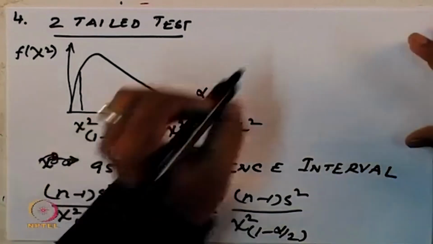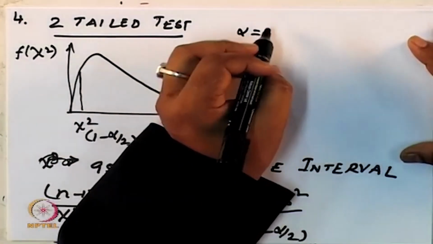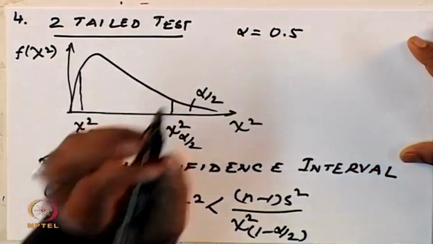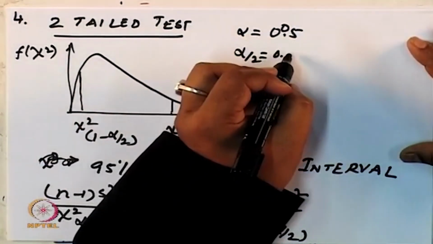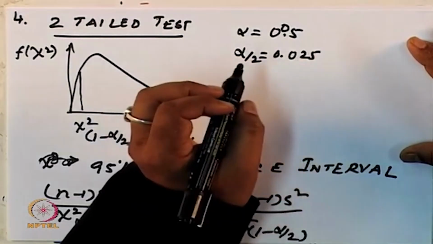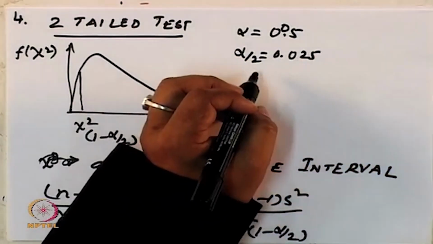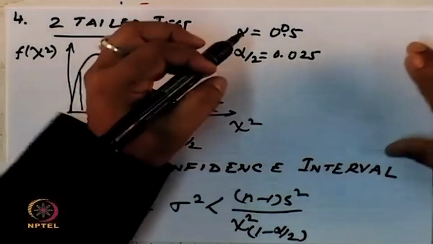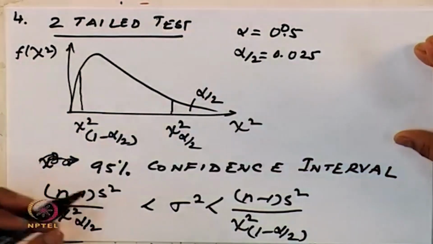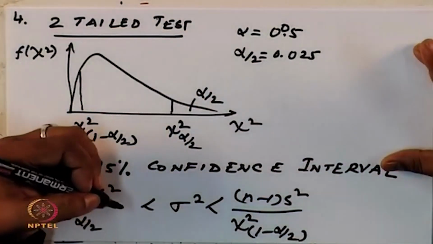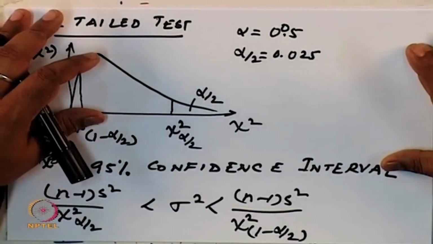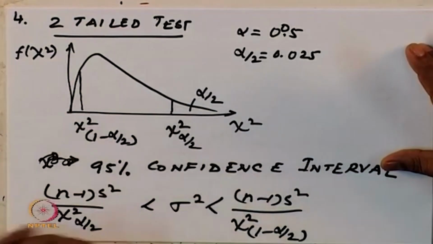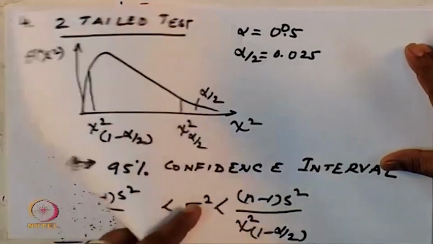If you choose alpha equal to 0.05, your alpha by 2 is going to be 0.025, then this value is going to be chi-square of 0.025 and this is chi-square of 1 minus 0.025. Based on this, you can calculate the 95% confidence interval.